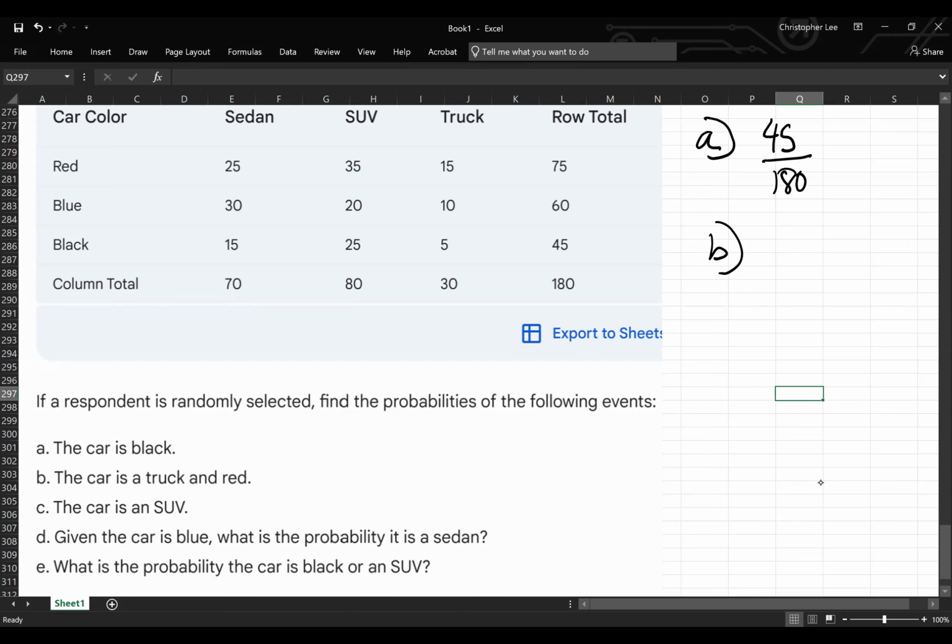The car is a truck and red, 15 over 180. The car is an SUV.